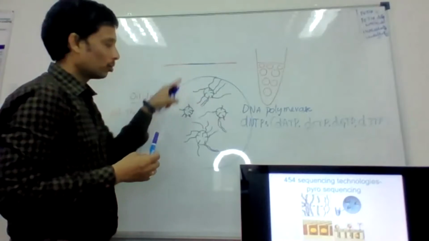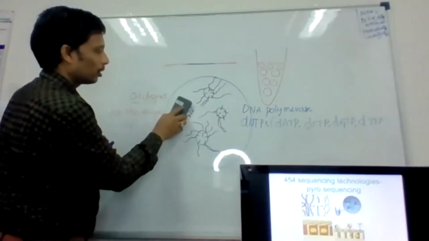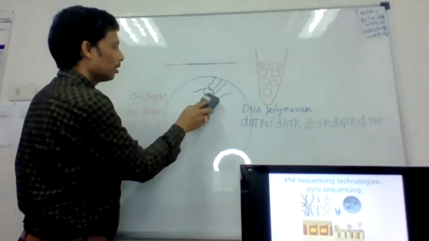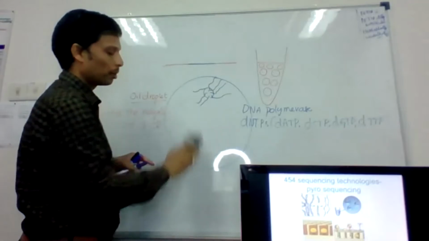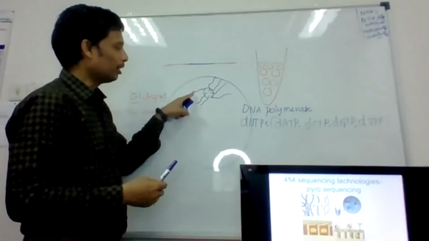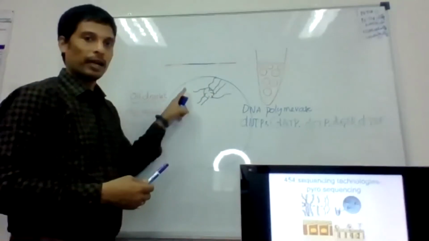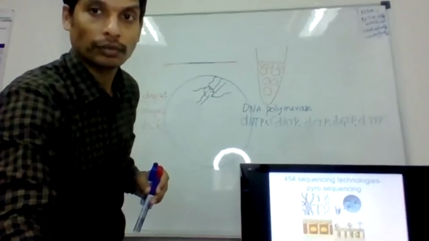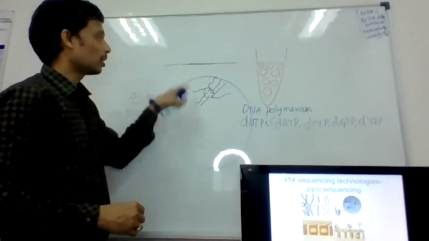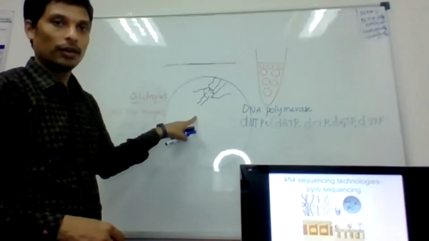So what you will get now is beads having your sequence, of course the complementary sequence, almost the same. So you have multiple copies of the same sequence. At the end, what you get is multiple copies of the same sequence in each droplet.